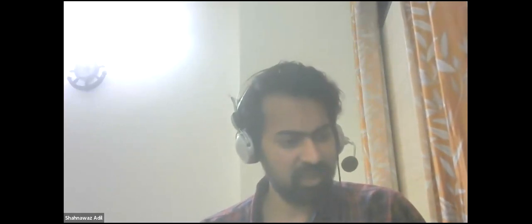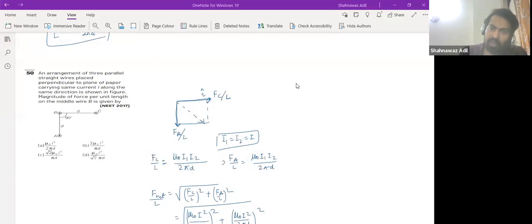These two are perpendicular, so net force would be what? We already know from vectors, what do we do? Yeah, good that you asked, right? Whenever we have two vectors which are perpendicular to each other, now you know why these are perpendicular. Did you understand that part? Yes, sir.